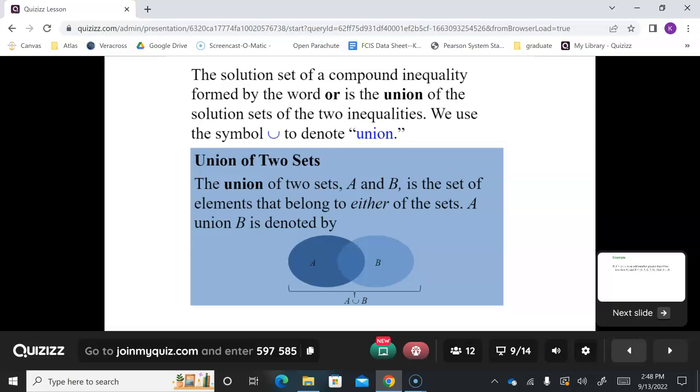Because sharing is caring. So when you bring all of your stuff together, if you had something that they don't, well, now they have it because you have it. So a union is, as long as it's in either of the sets, it is a solution for the whole inequality. And we use the union symbol, which coincidentally looks like a U. Makes it easier to remember. Union, U, together.